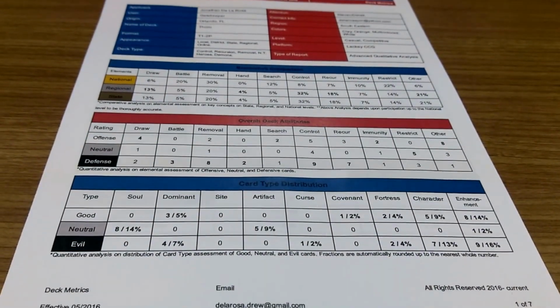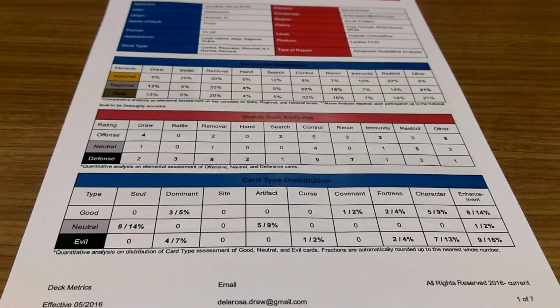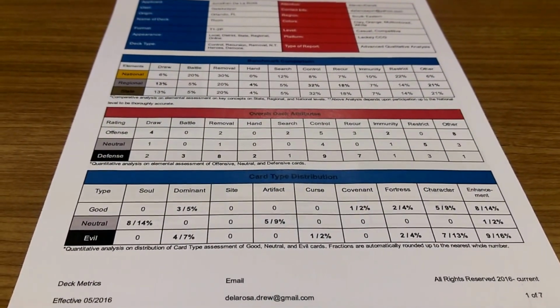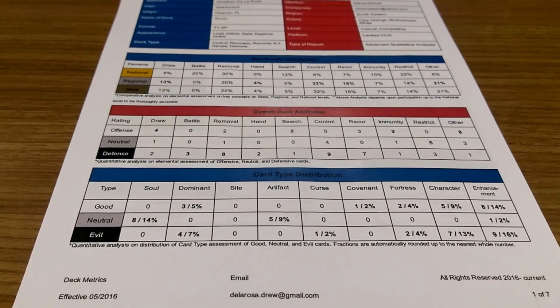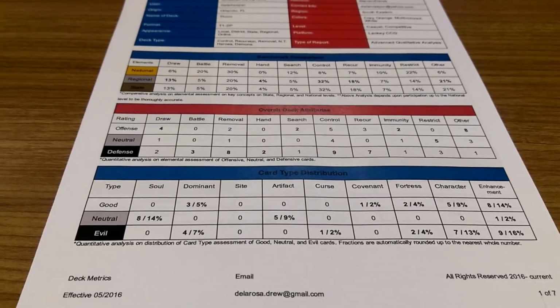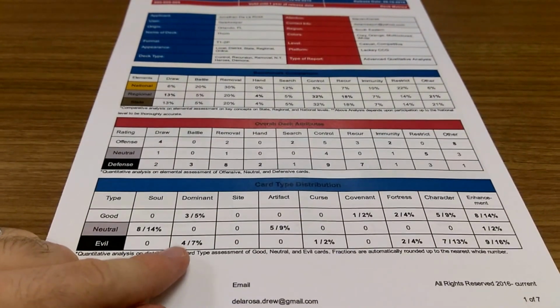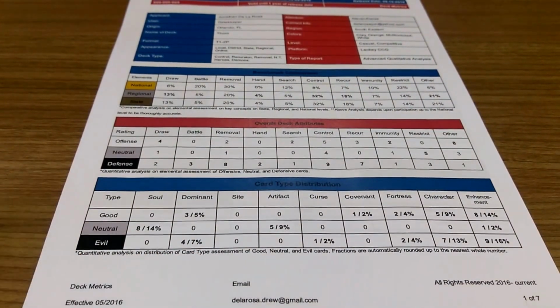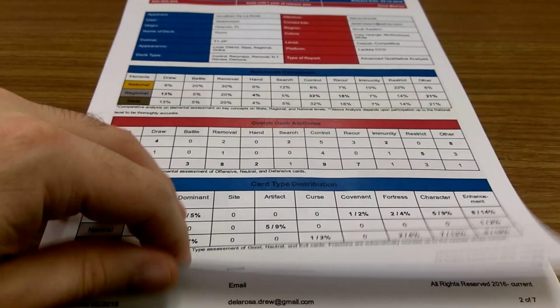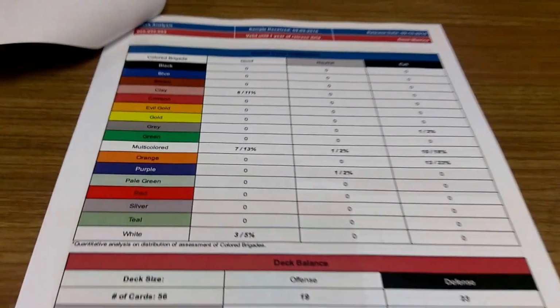So that'll give you an idea of, say, how much of a percentage of your deck is, say, evil dominance. Like this particular deck, it has 4 evil dominance, so roughly about 7% of the deck has evil dominance, broken down in that sort of fashion.